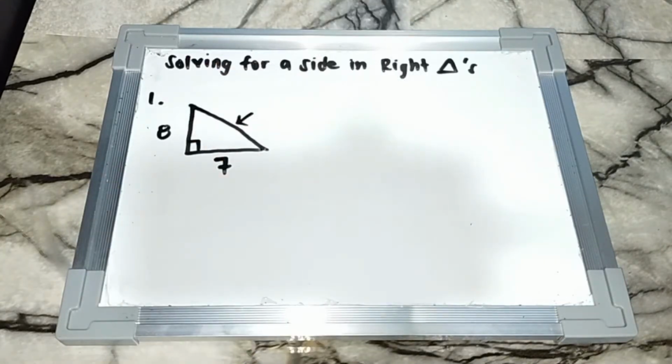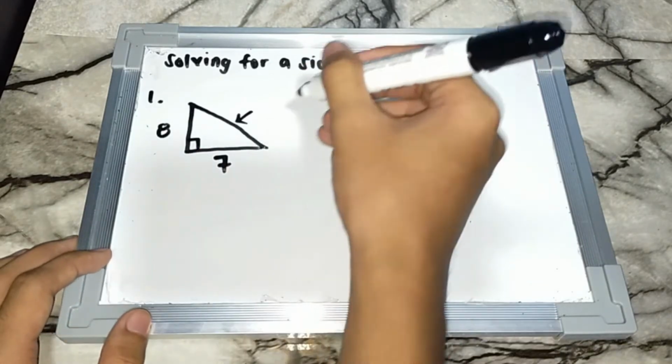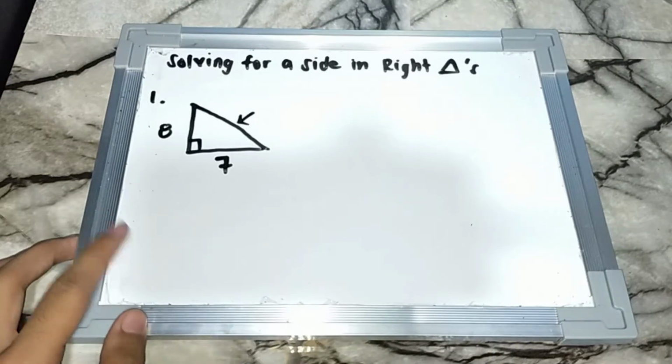In the Pythagorean Theorem, the square of the hypotenuse is equal to the sum of the squares of the two sides. So therefore, we're going to use the Pythagorean Theorem in this example.